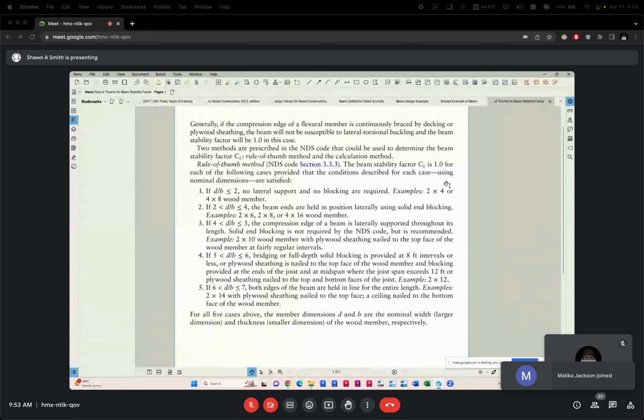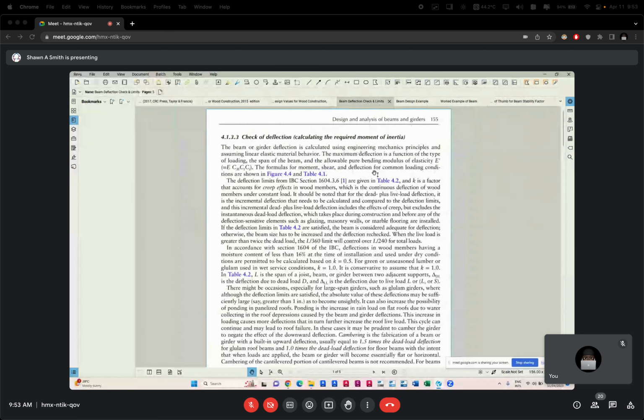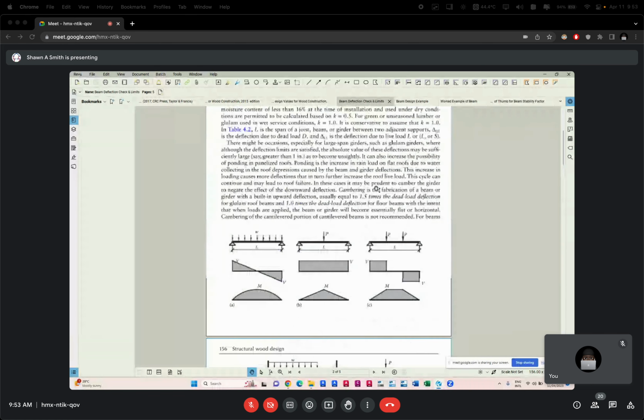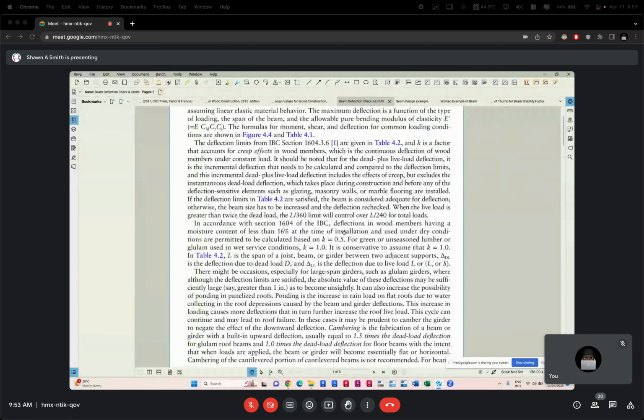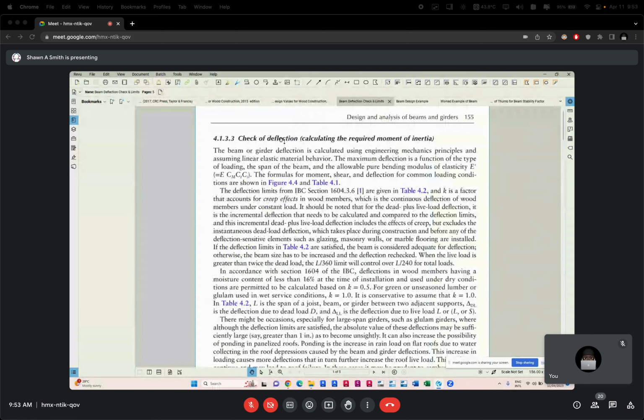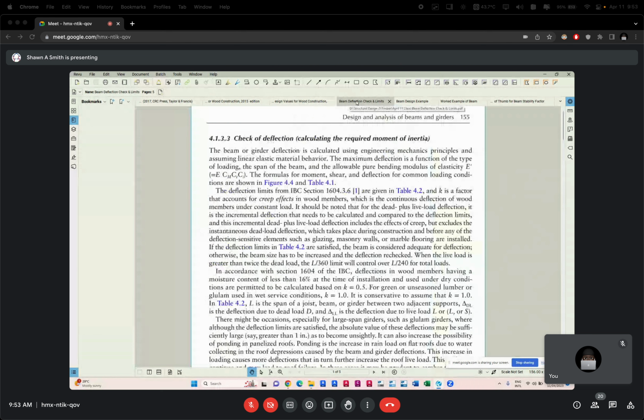The other thing that we are supposed to be looking at now is where we left off: beam deflection, the limits, and how we calculate it. You also have this document in your Google Classroom. I gave it the title Beam Deflection Check and the Limits. So you can have that one also ready right now at your fingertips.